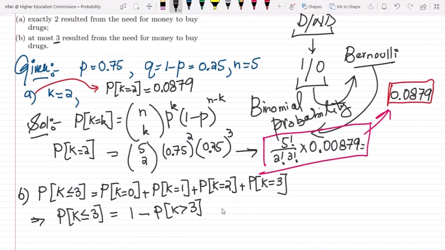Let me expand this formula. The probability that k is greater than 3 will not include 3, so it is the probability that k is equal to 4, or the probability that k is equal to 5, because the maximum value of n here is 5.